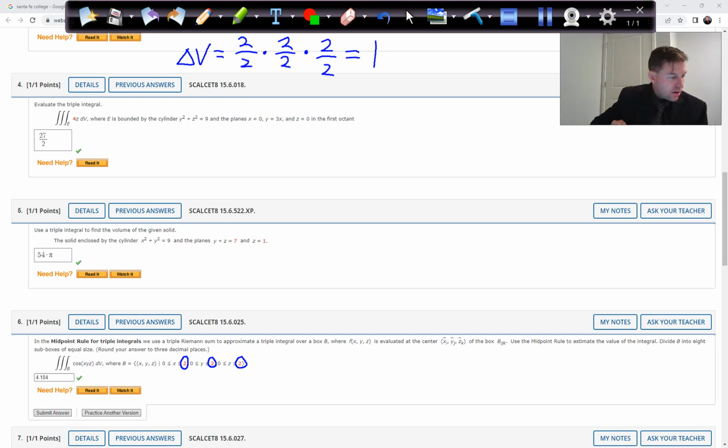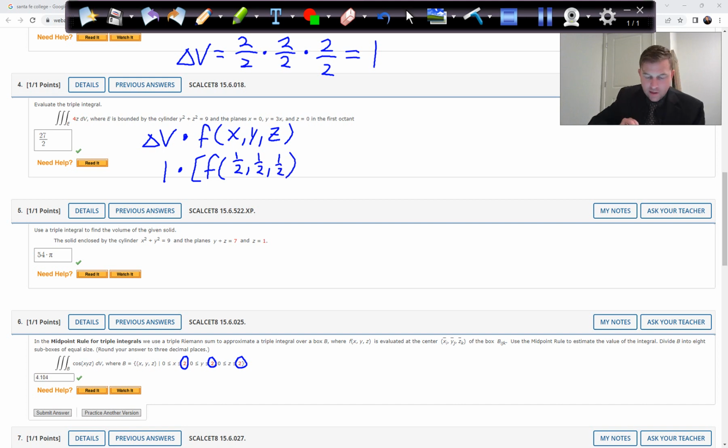Now the hard part is we have to find the function, so this is going to be delta V times our function at various x, y, and z values. So this is 1 times, first we're going to find f when we have 1/2, 1/2, and 1/2.